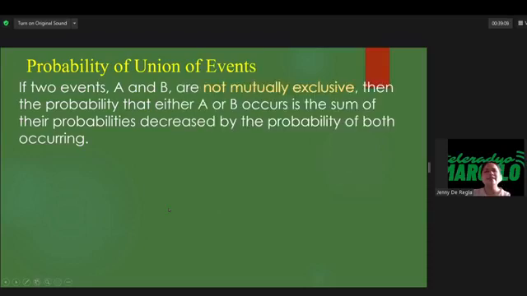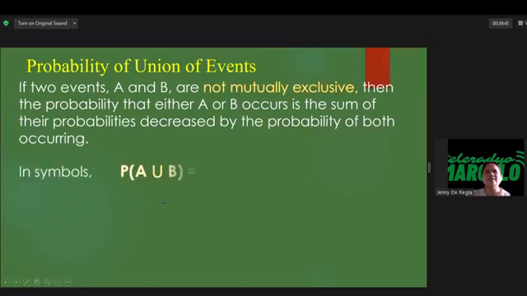Okay, so from that case, if two events A and B are not mutually exclusive, then the probability that either A or B occurs is the sum of their probabilities decreased by the probability of both occurring. Meaning, not mutually exclusive events are events that can happen at the same time.